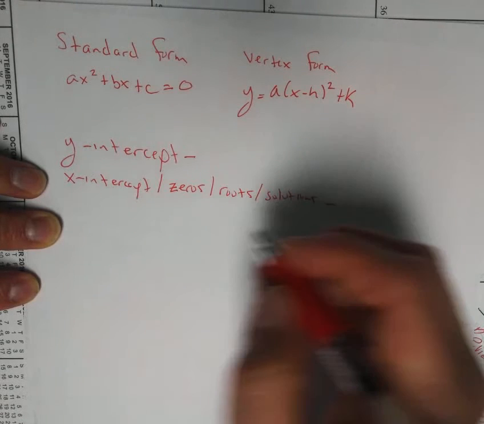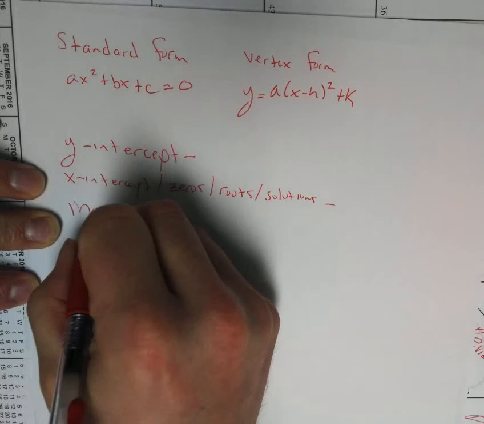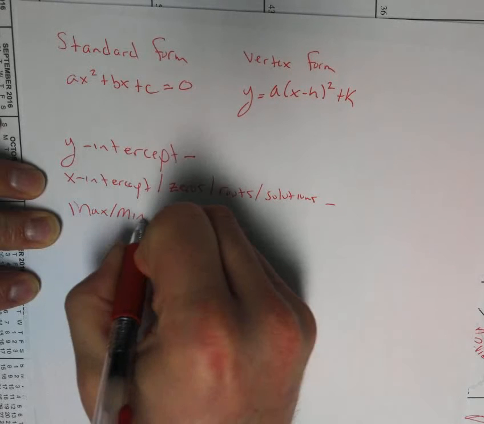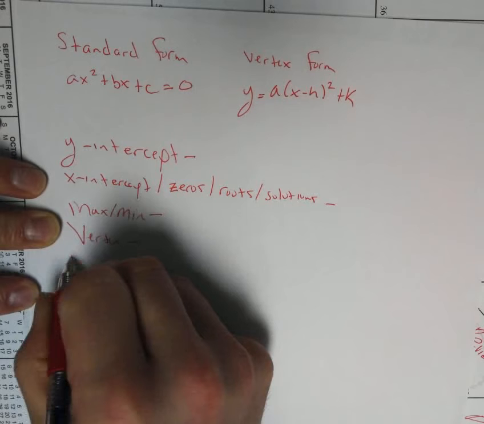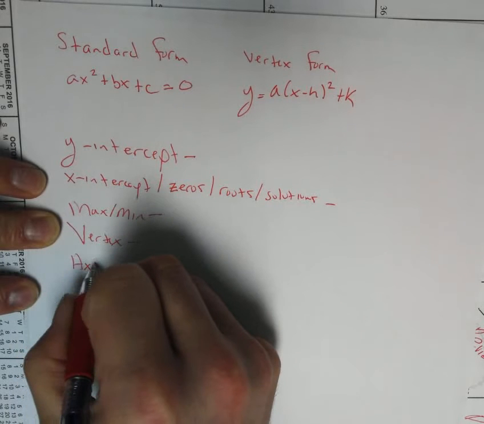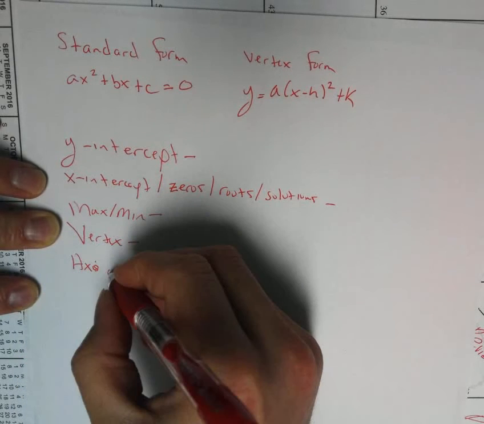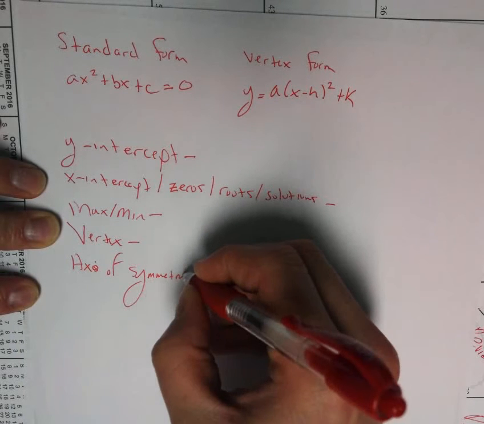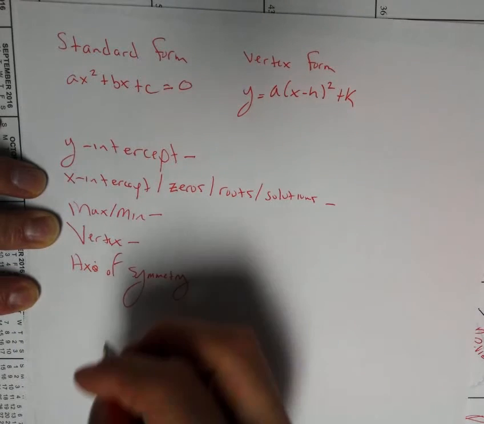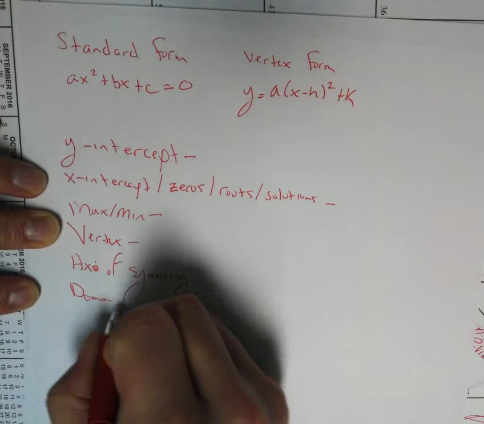We have a max slash min. We have a vertex. We have an axis of symmetry. And then we have domain and range.